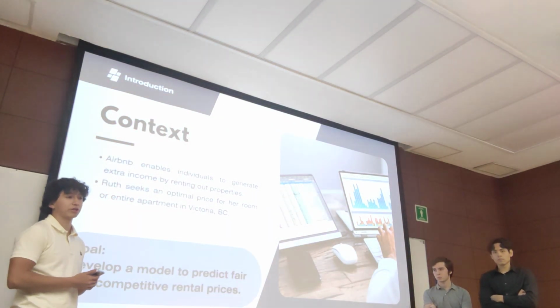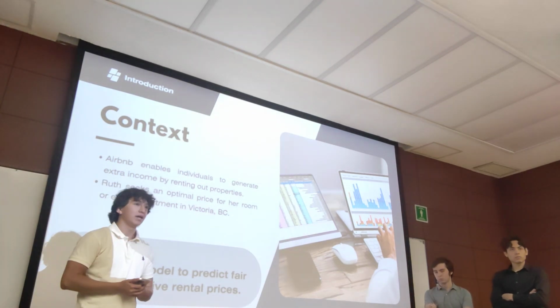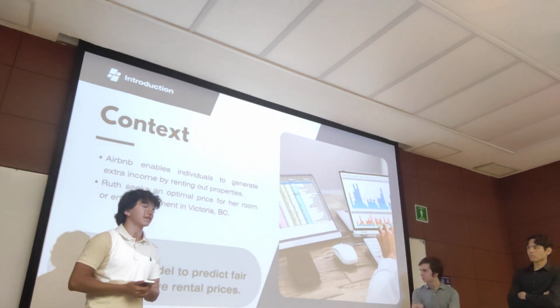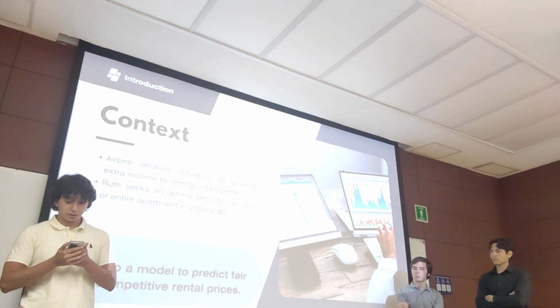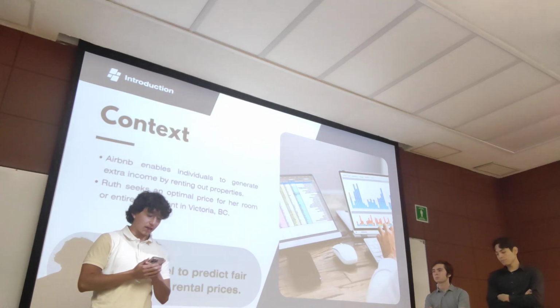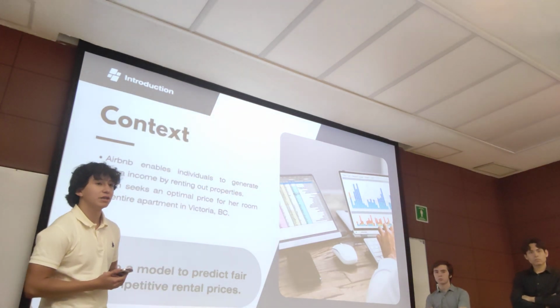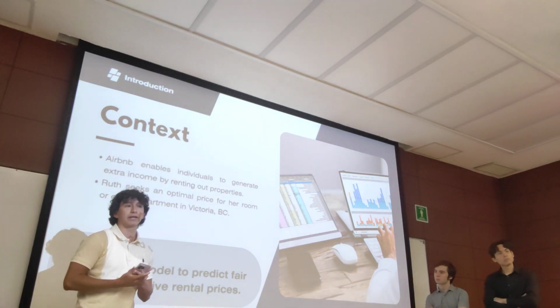Ruth is a retired woman that has an apartment in Victoria, Canada, with 70 square meters and 2 bedrooms, 1 full bathroom, a kitchen, Wi-Fi, parking space, and a laundry room. So she wants to rent this apartment to generate an extra income.